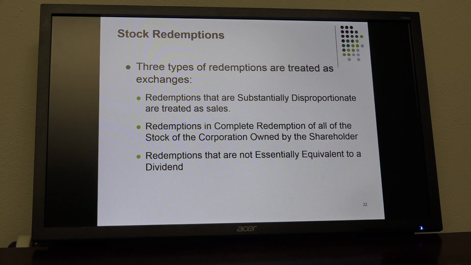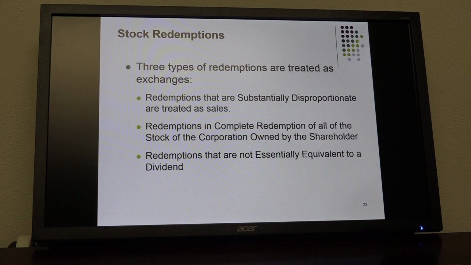So there are some pretty strict rules here that you have to meet in order for it to be considered an exchange. The first rule is, and these are three separate and independent ways you can qualify a redemption as an exchange.